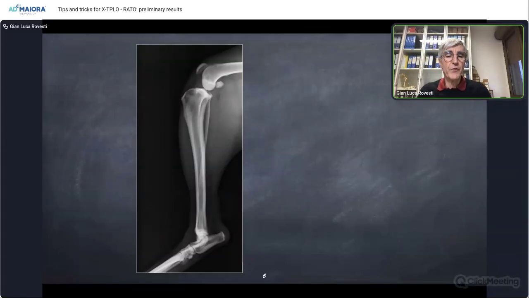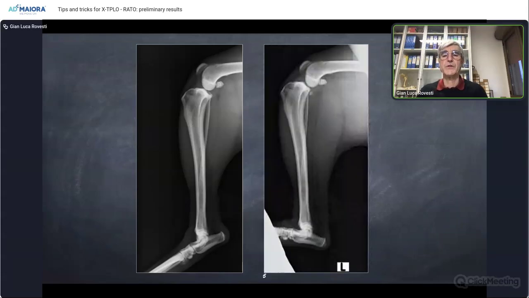And if we perform the tibial thrust while we have this mediolateral projection, we can look at the radiographic tibial thrust, that is cranial subluxation of the tibia compared to the femur.